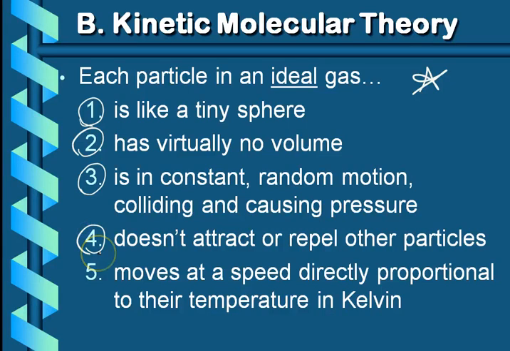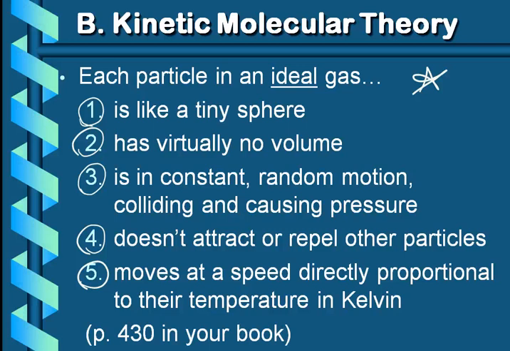They don't attract or repel each other's particles. And that's a really big thing we want to assume, because then that would affect other things. So we just want to assume that they are not attracting or repelling in any way. And then lastly, they're going to move at a speed directly proportional to their temperature in Kelvin. And so remember, at 0 degrees Kelvin, you have no motion. If you increase the temperature, you increase your Kelvin temperature, you're going to be increasing that motion. And so these could all be found on page 430 in your book.